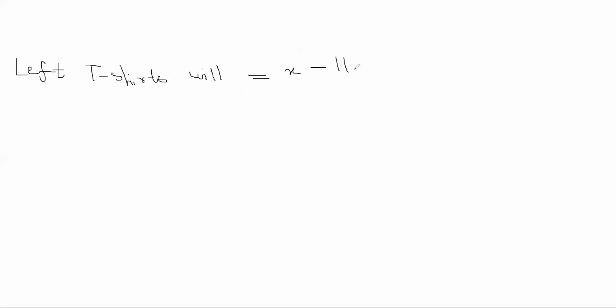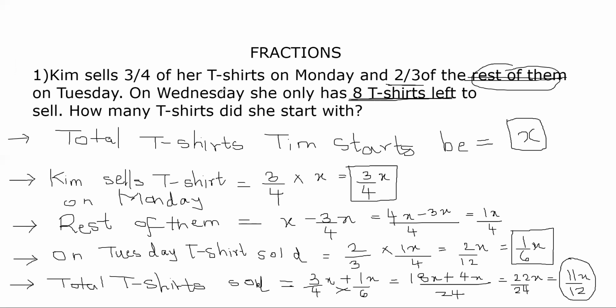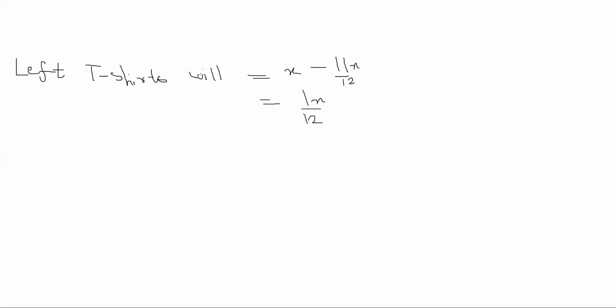So on solving, this will give you 1x upon 12. So what did we find out? We found out the left number of t-shirts. What does the last line indicate? On Wednesday, she only has 8 t-shirts left to sell. So the number of t-shirts left is equal to 1x upon 12.